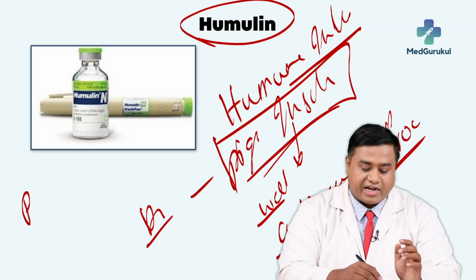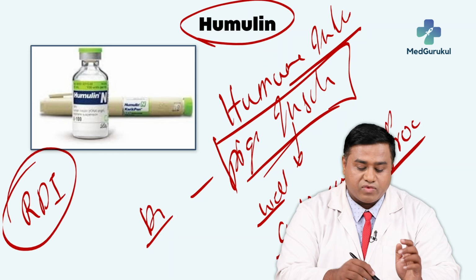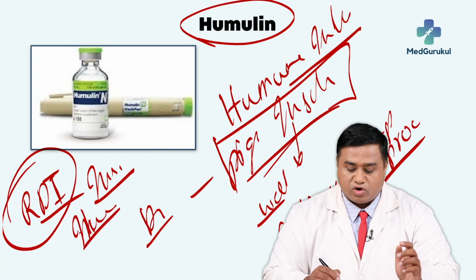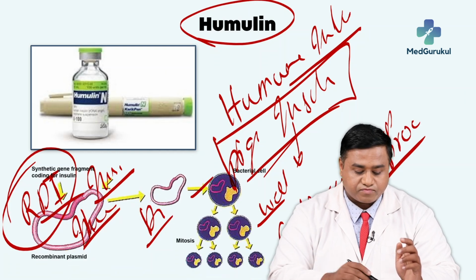So, RDT has made it possible to generate insulin from human genes. So, how was it developed?